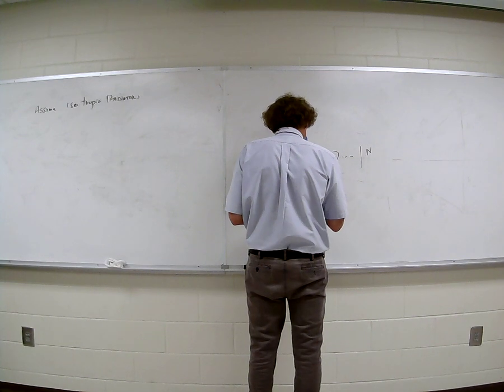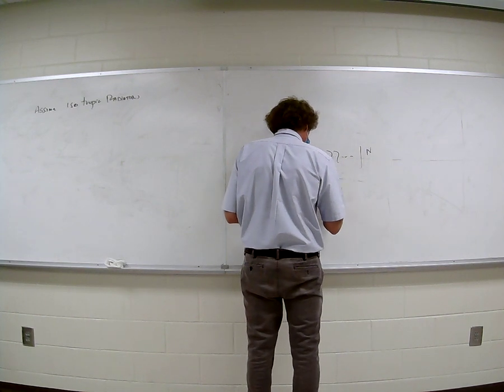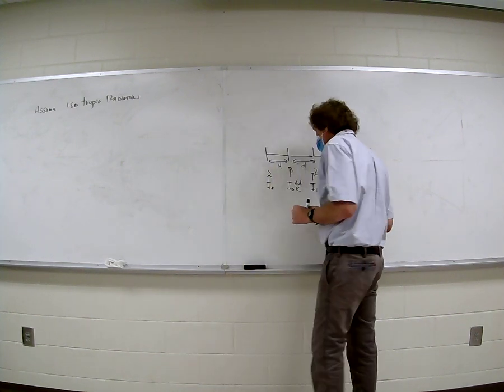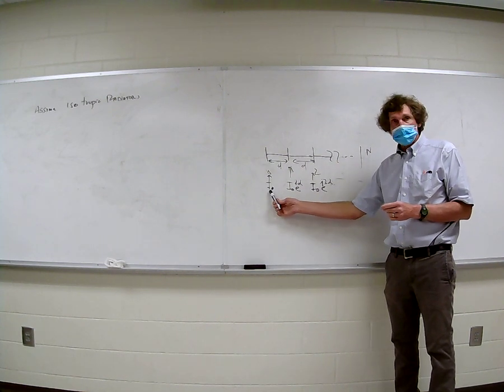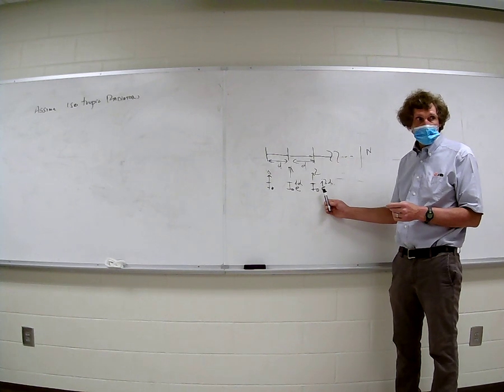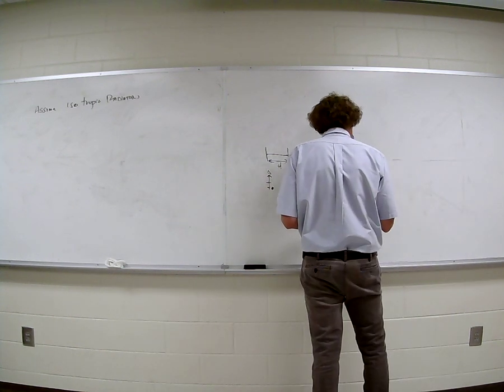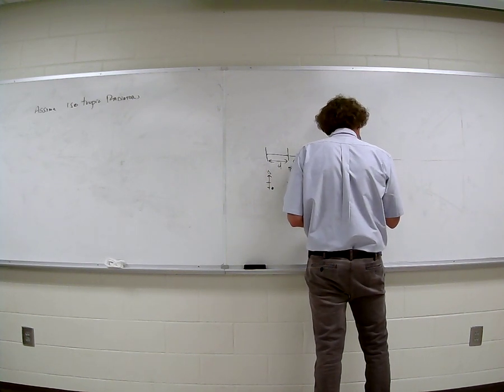On the second one, it'll be I naught, same magnitude, but then e to the j2 alpha. Now, these are just phase changes. It could be something like 5 degrees. It would be I naught at 0 degrees, I naught at 5 degrees, I naught at 10 degrees. Follow me? Then we keep going out here. It would be simply I naught, the current would be e to the j n alpha.